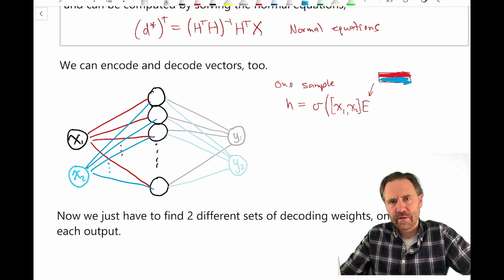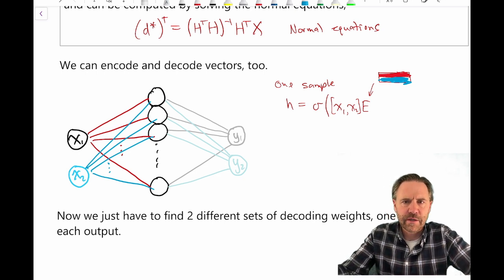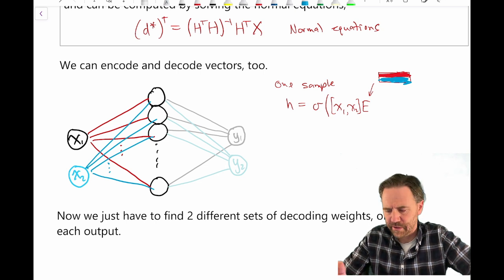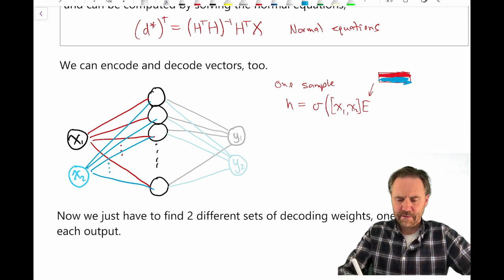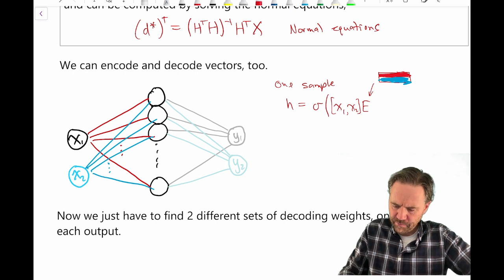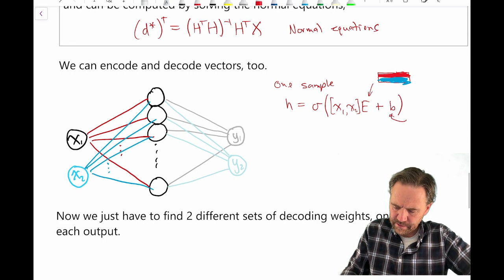So that E, the set of encoding weights now, goes from 2 dimensions to n dimensions. So it's a 2 by n matrix. And then we'd have to have a bias as well. So this bias is an n. So let me put some numbers on here.